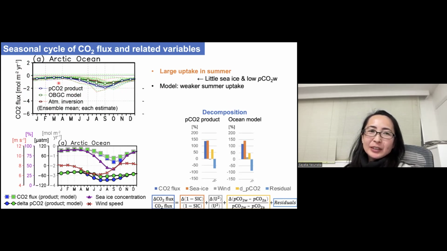It means that from January to December, the Arctic Ocean takes up CO2, but the uptake is especially large in summer, because sea ice is little and pCO2 in the ocean is low. And we can also see some difference between the observation-based products and models. The models show a little bit weaker summer uptake than the observation-based estimates.